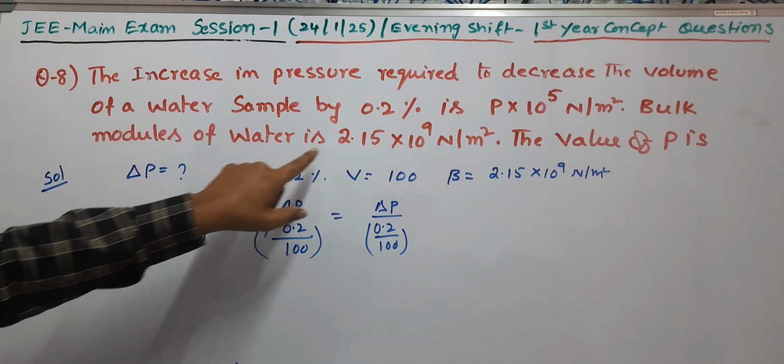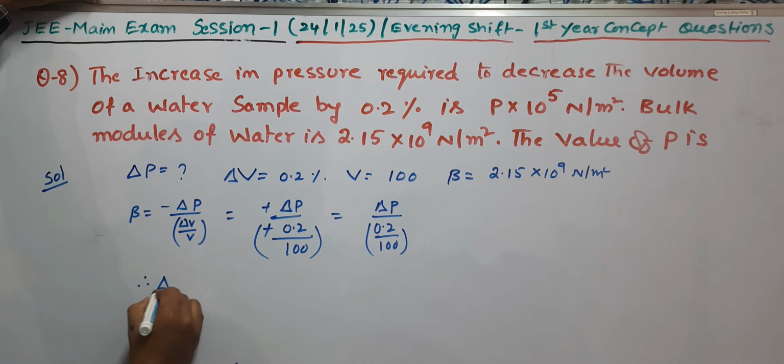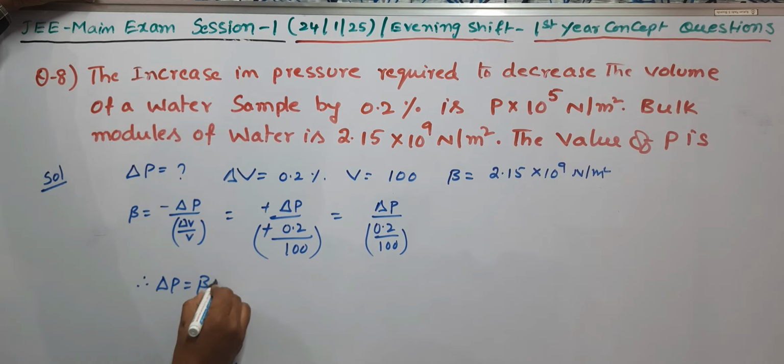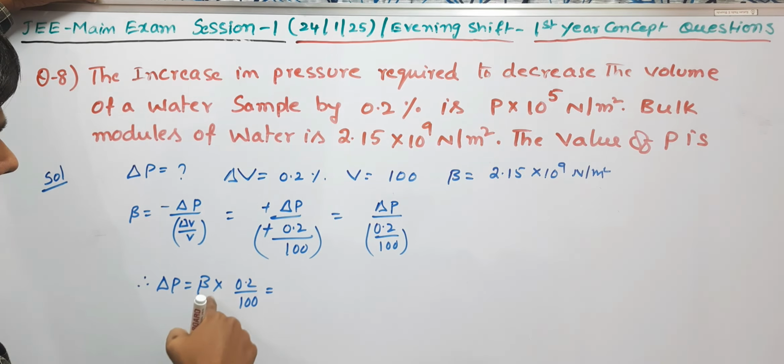Beta is given as 2.15, therefore delta P is equal to beta into 0.2 by 100.